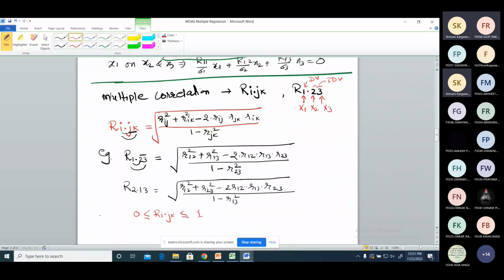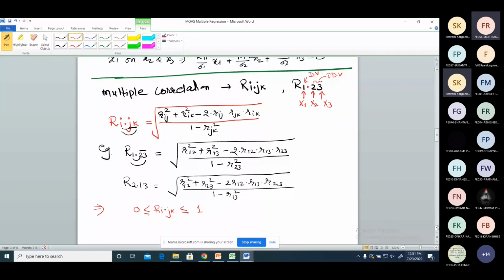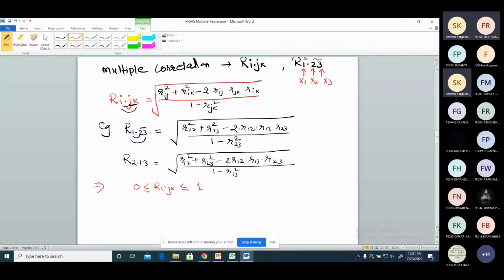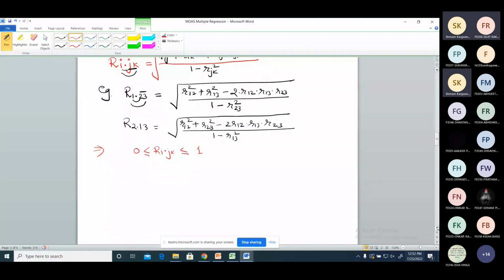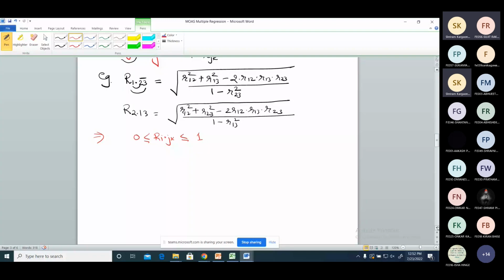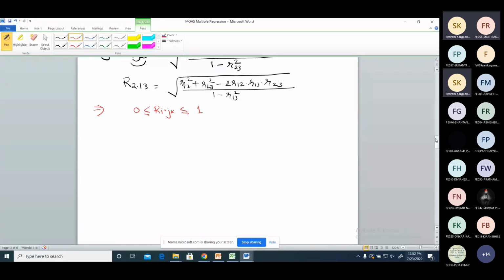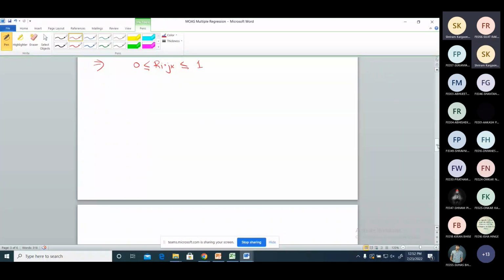Remember this point, because sometimes in multiple choice questions the range of multiple correlation is asked. Then I will tell you the partial correlation, then we will end our lecture. Numericals you can solve on your own using the hints given by me.